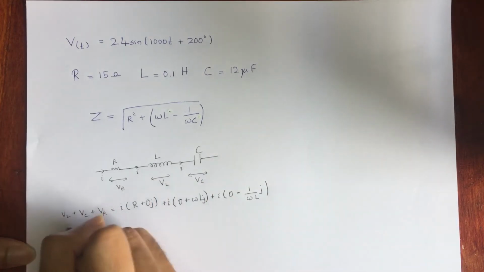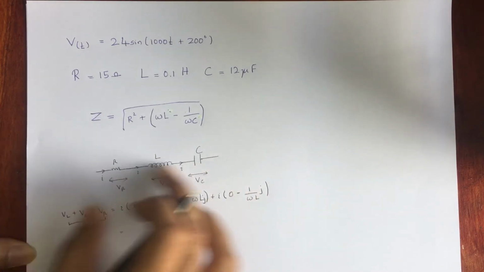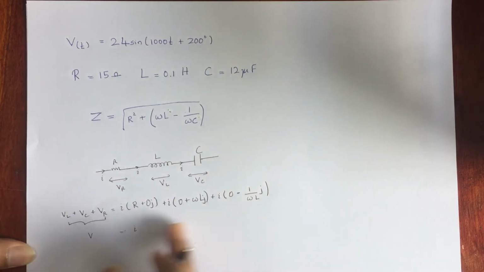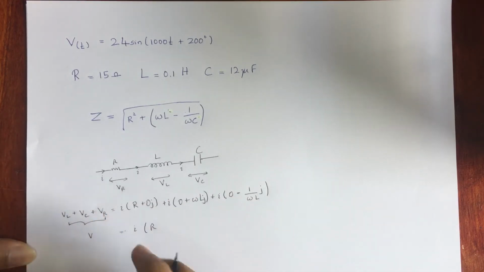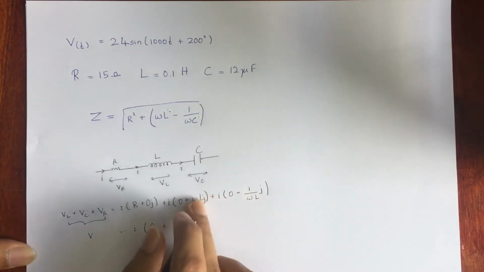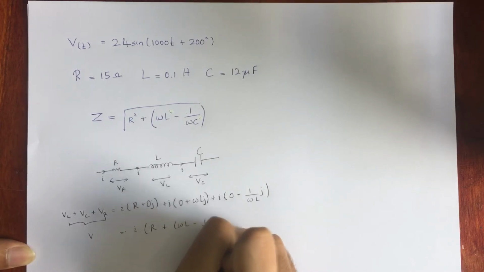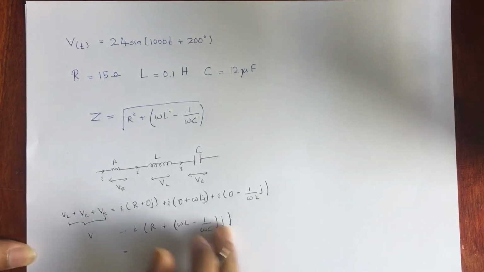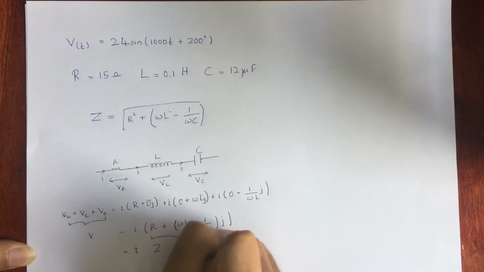If I take the total, it's going to be the voltage difference across these three, and if I take the common I, it's going to be I, and the impedance part would be R plus, if I take this j common in these two, omega L minus 1 over omega C into j, which simply means it's going to return a function like V equals I into Z, the Z of these three elements.